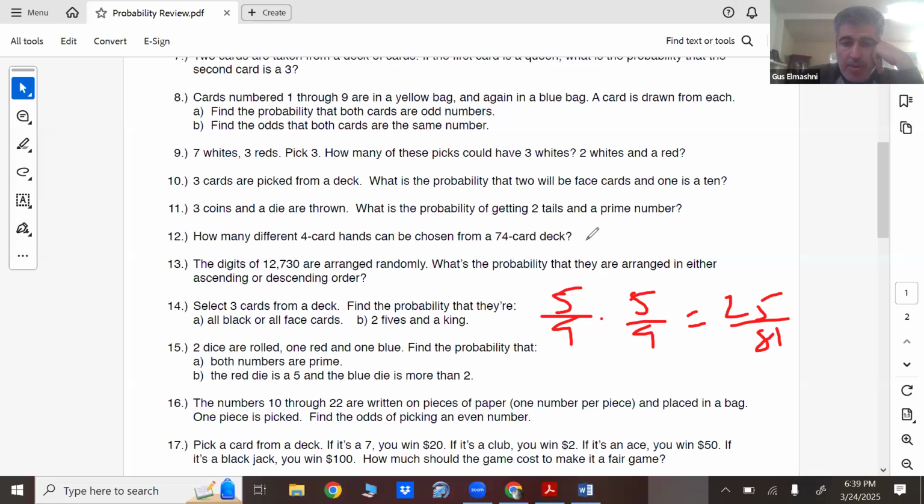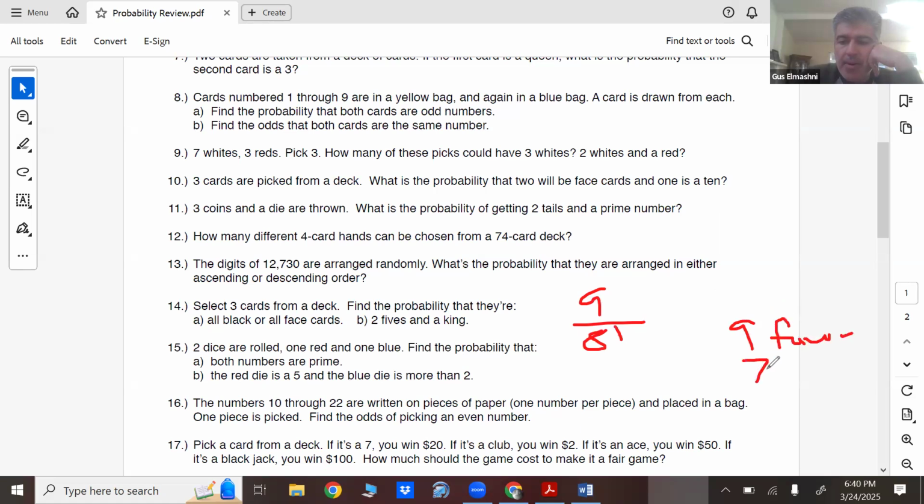But also, both cards are the same number. Well, you do 1 1, 2 2, 3 3, 4 4, 5 5, 6 6, 7 7, 8 8, 9 9. That's nine possibilities out of 81. But since I want the odds, it means nine are in favor of that, 72 are against.